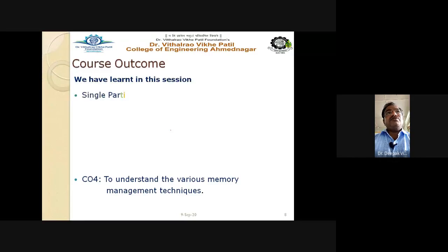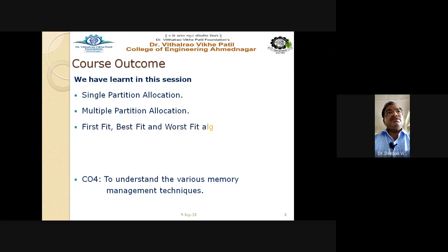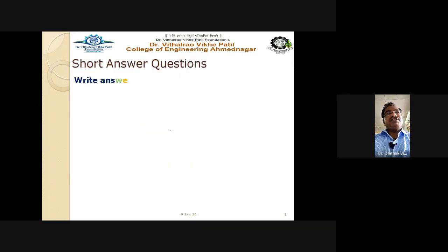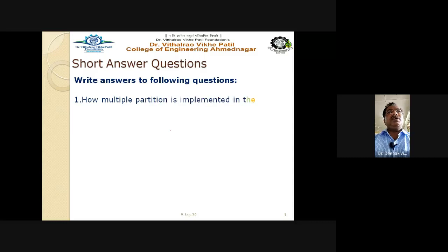In this session we have learned about single partition allocation, multiple partition allocation, the first fit, best fit and worst fit algorithms, and the external and internal fragmentation of memory. The course outcome attainment concerns the various memory management techniques we are discussing. Questions on this topic: how is multiple partition allocation implemented in the system?